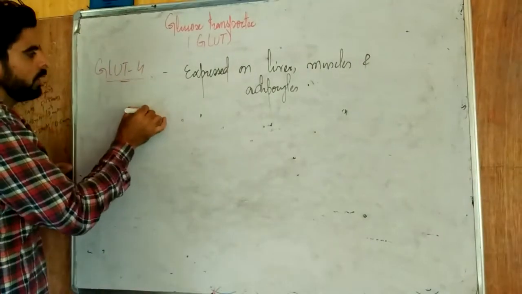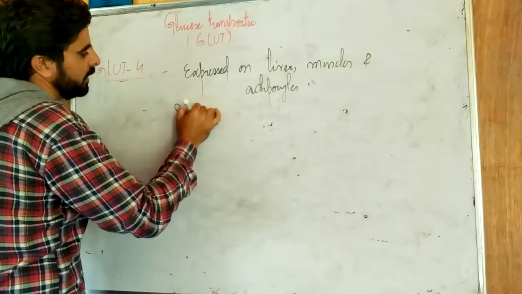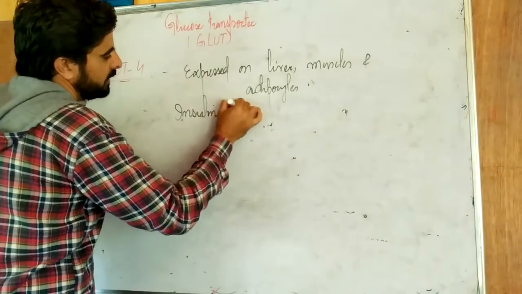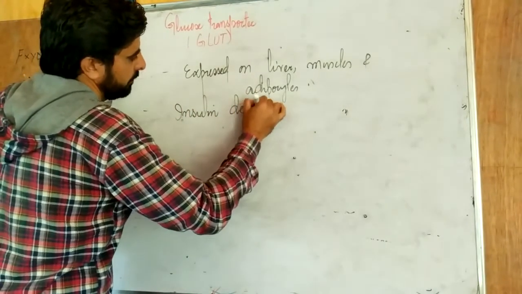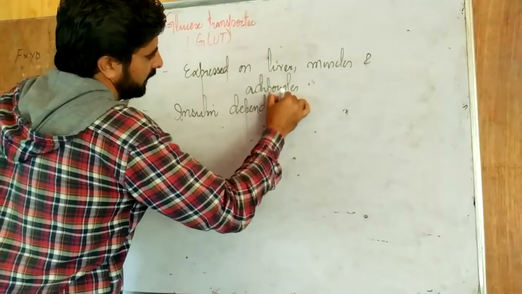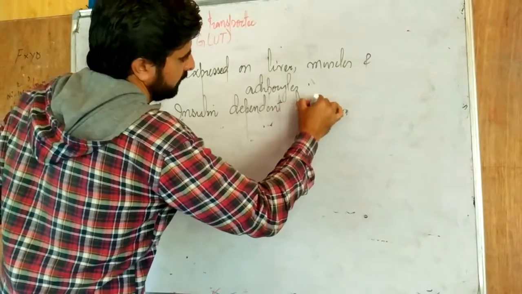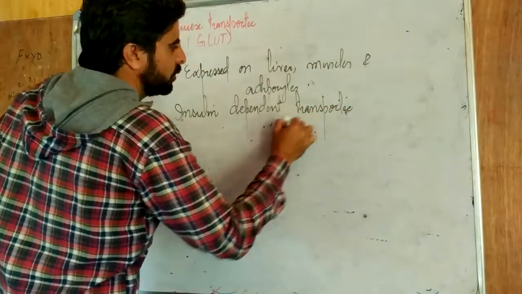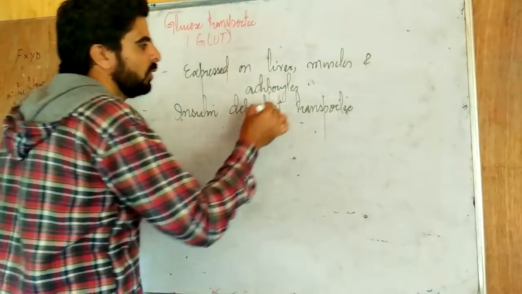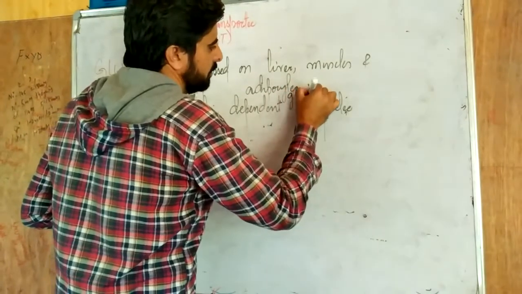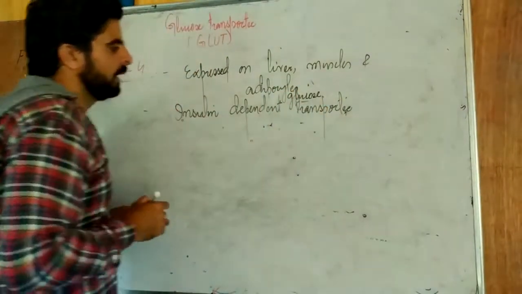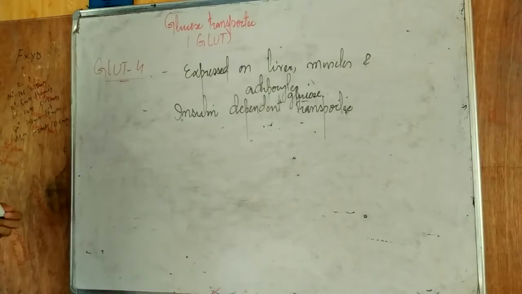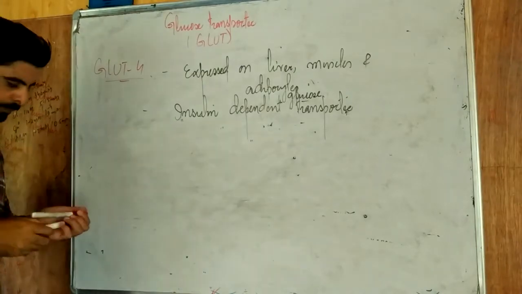GLUT 4 is an insulin-dependent transporter. The most appropriate word is that it is an insulin-dependent glucose transporter.